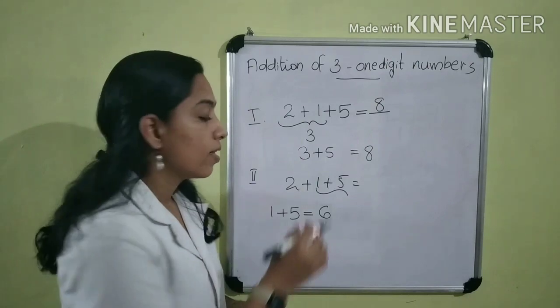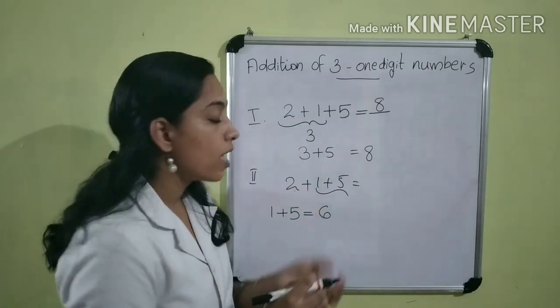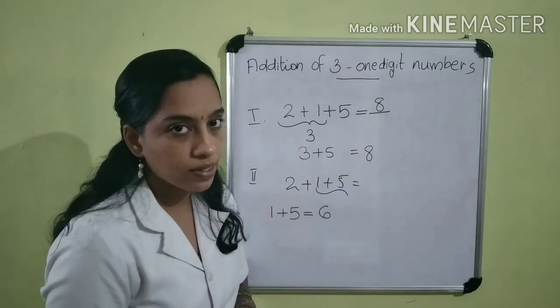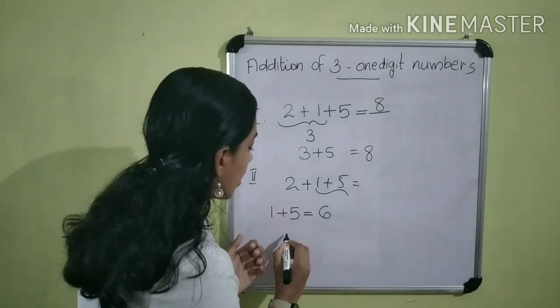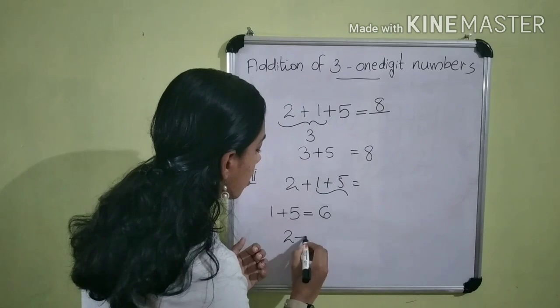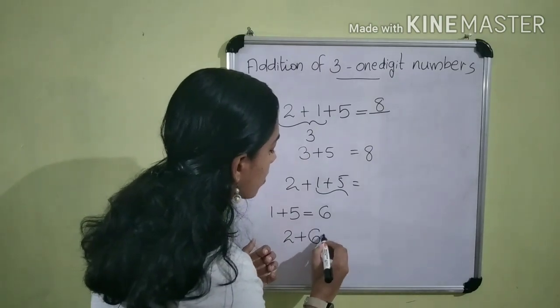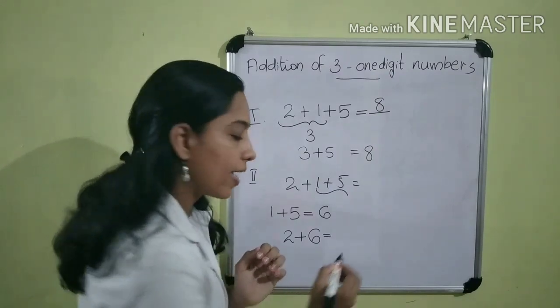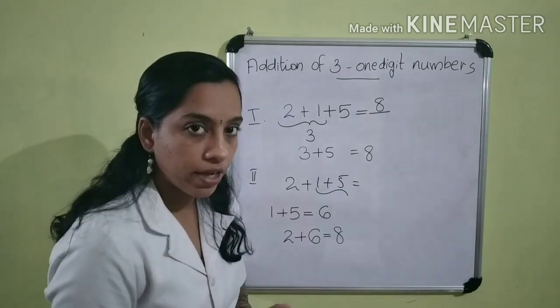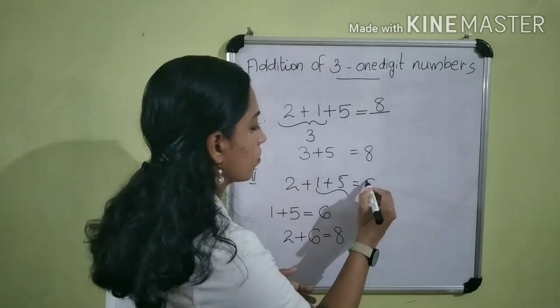Then add the first number with the sum of the last two numbers. What is the sum of the last two numbers? 6. So, 2 plus 6 is equal to 8. And here we get the answer 8.